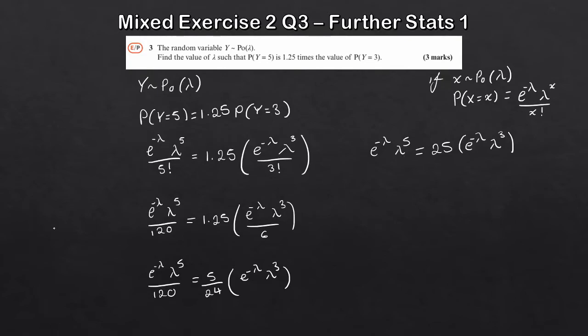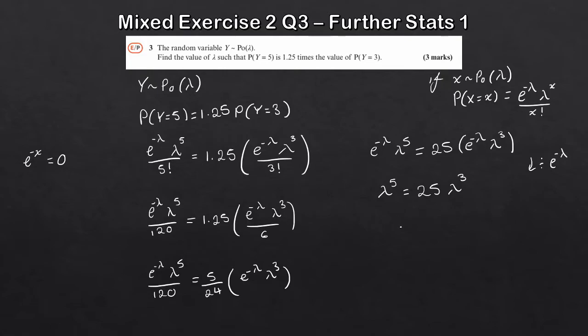The first thing is I can divide by e to the minus lambda, because you should be well aware that e to the minus x equals 0 doesn't have any solutions. We can't find a solution for that. So we can divide through because it can never be equal to 0, so we're not going to lose any solutions. So I can divide by e to the minus lambda. What that'll give me is lambda to the 5 is equal to 25 lambda cubed. Okay.